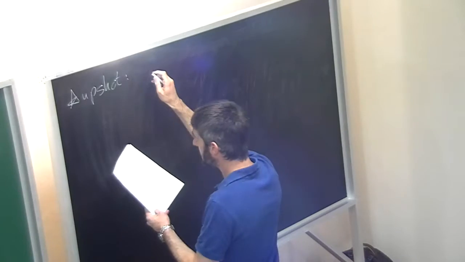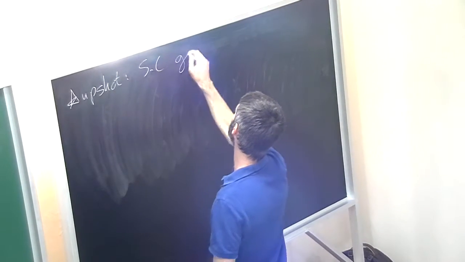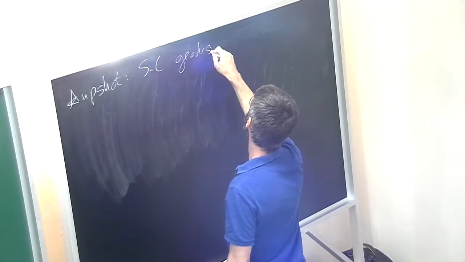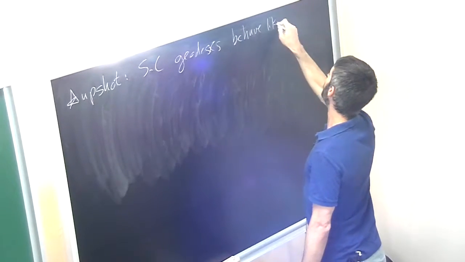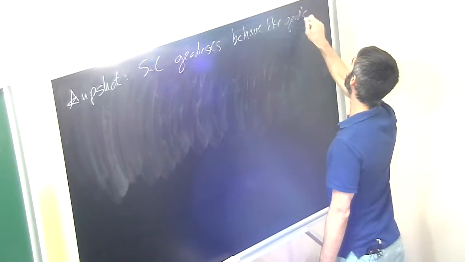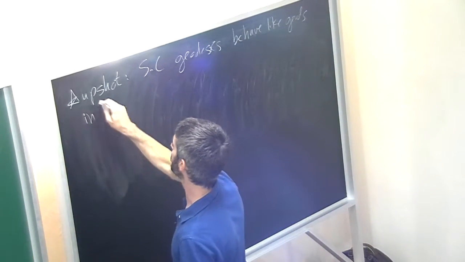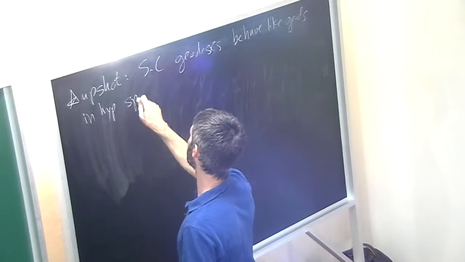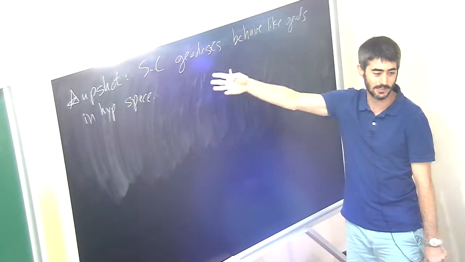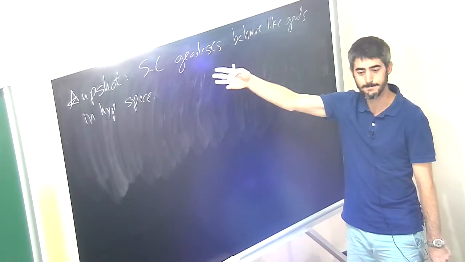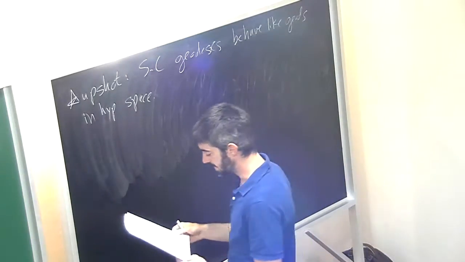So here's the upshot: strongly contracting geodesics behave like geodesics in a hyperbolic space. In particular, anytime you have a strongly contracting geodesic, it's Morse, so it satisfies the Morse property. Okay, that's nice.